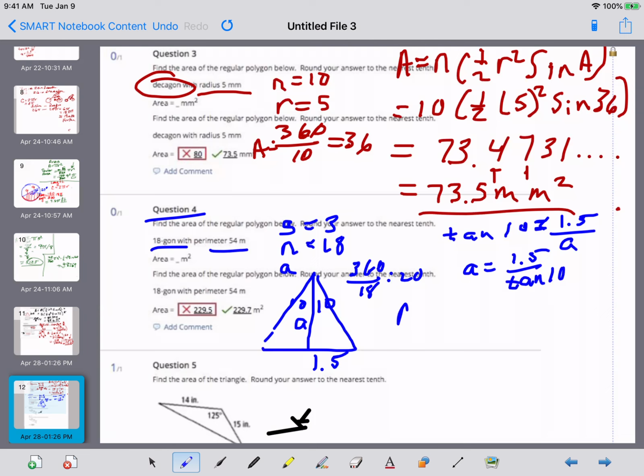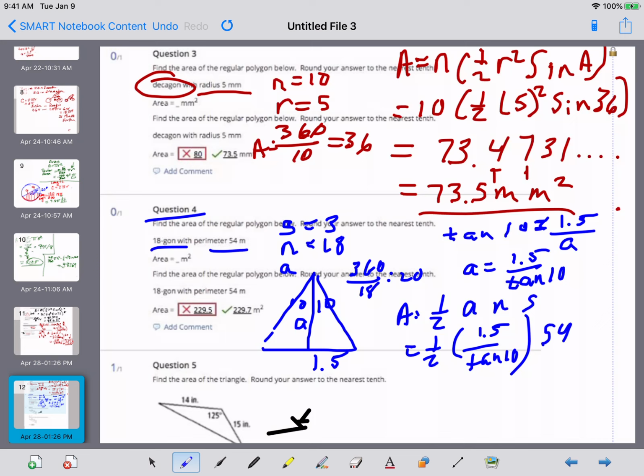So now my area is 1/2 ANS, and A is 1.5 divided by tan of 10. N is the number of sides, and S is the side length, but I know that the number of sides times the side length is the perimeter, 54, and I'm just going to pop that in.